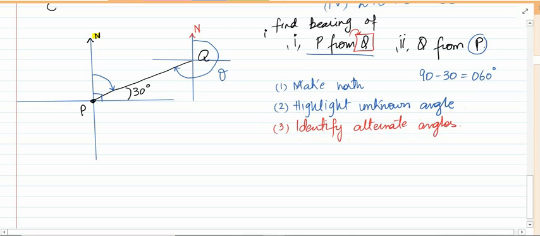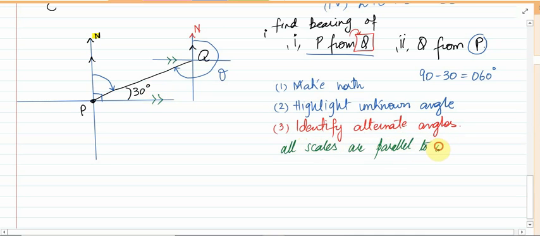Identify alternate angles. Now keep in mind, when you have more than one north, they all are parallel. All scales are parallel to one another. Scale means compass.